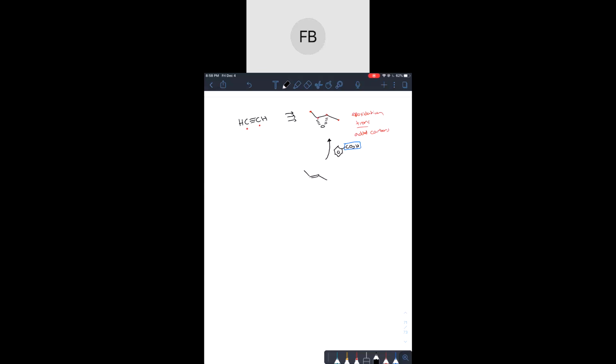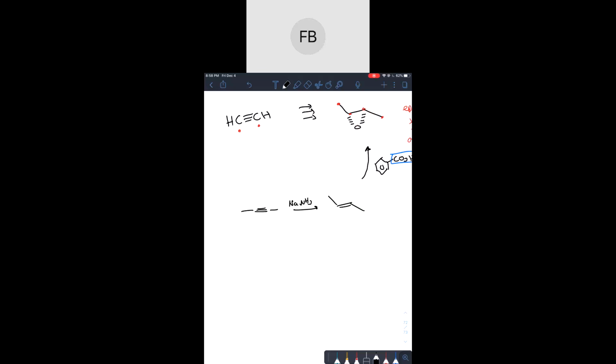So how do we get a trans double bond? This could have easily come from a triple bond like this. And what do we do to get trans? We have to use a dissolving metal. So Na, NH3 would work. And then to get from here to here, we'd have to substitute 1 carbon twice. We'd have to substitute 1 carbon onto the left, 1 carbon onto the right. So there's this 1 extra carbon here, 1 extra carbon here.